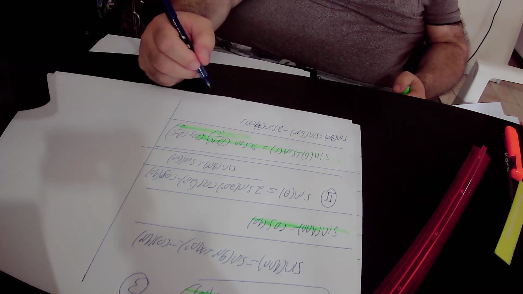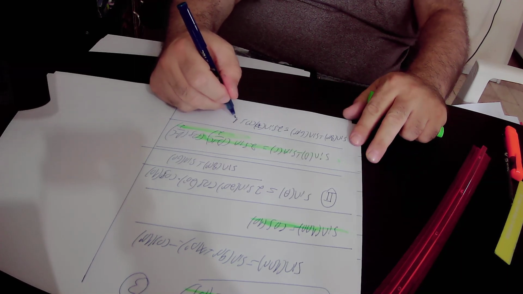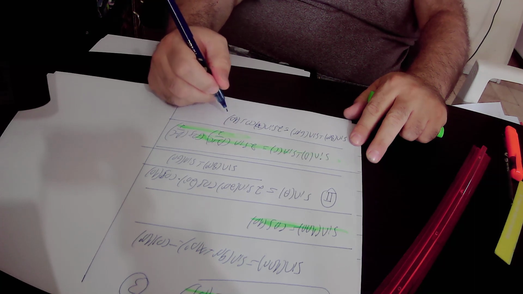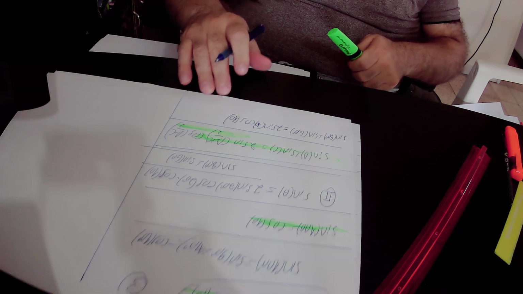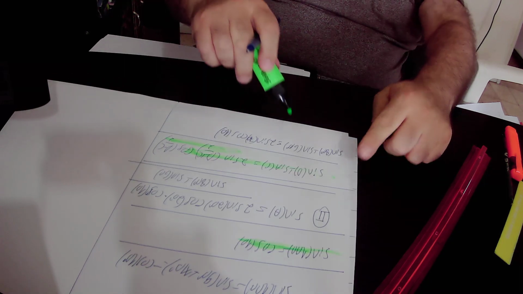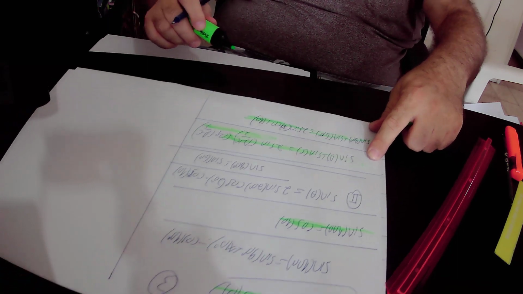D minus C is 80 minus 60, that is 20, and 20 over 2 is 10. So in conclusion, we found out that sinus 80 degrees plus sinus 60 degrees equals 2 times sinus 70 degrees times cosine 10 degrees.